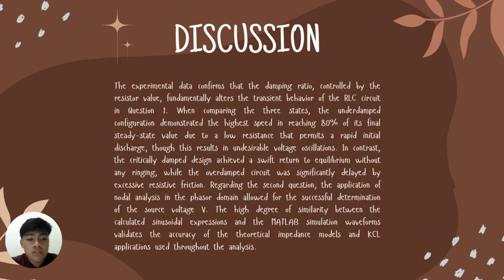True, though this results in undesirable voltage oscillations. In contrast, the critically damped design achieved a swift return to equilibrium without any ringing, while the overdamped circuit was significantly delayed by excessive resistive friction.